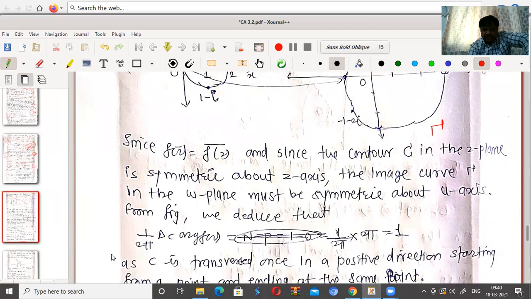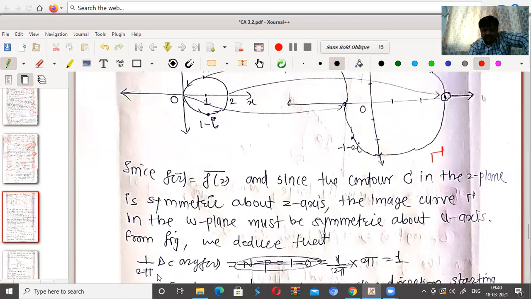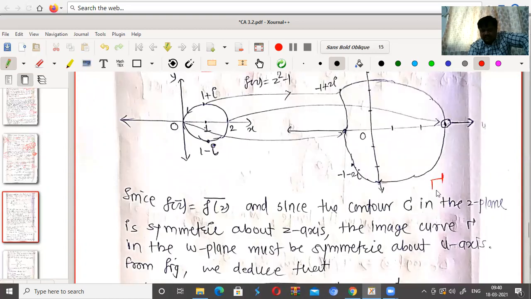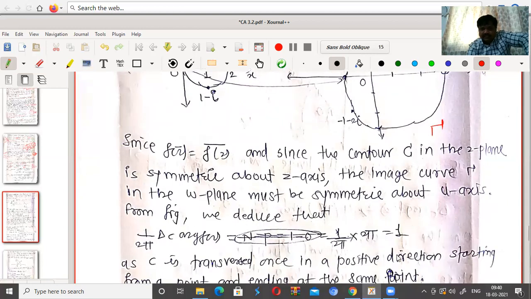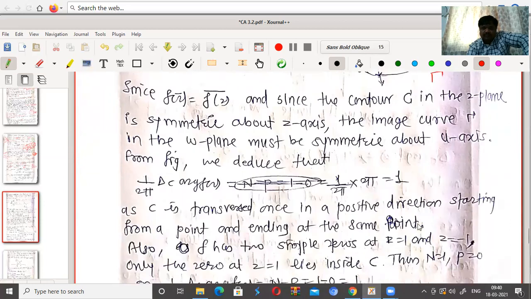From the figure, we deduce that 1 by 2 pi times change in argument of f of z is equal to 1 by 2 pi times 2 pi, which is 1.